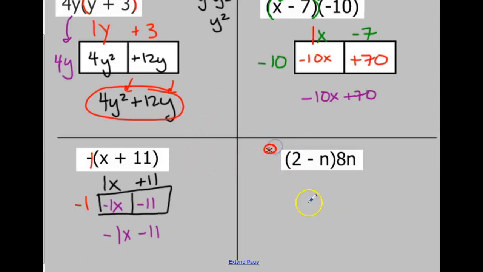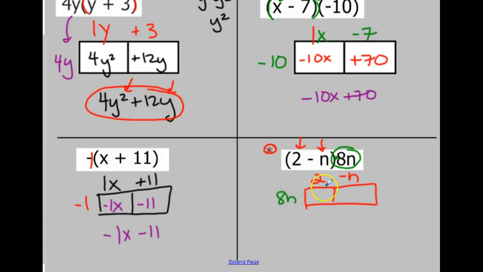Again, this one has a little star by it. Draw yourself your box so we can distribute. The 2 terms are the ones that are going to go on the top, that's in parentheses. 2 and a -n. And this is multiplied. This is really our whole teacher right here, an 8n.